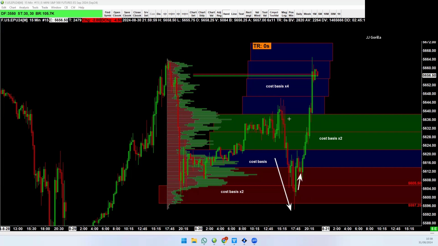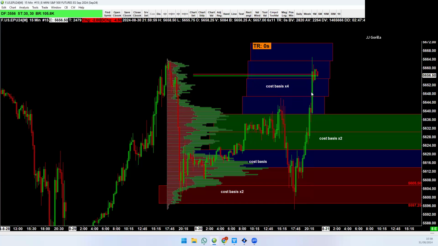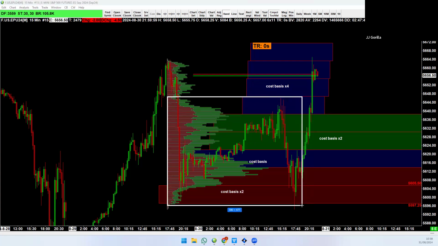Now, here's the next part of this, right? Why does the market take out these highs at the end of the day? Well, because now if we take out and move our volume profile, you can see when the market gets to this level here, ladies and gentlemen, the inventory is now underneath us.